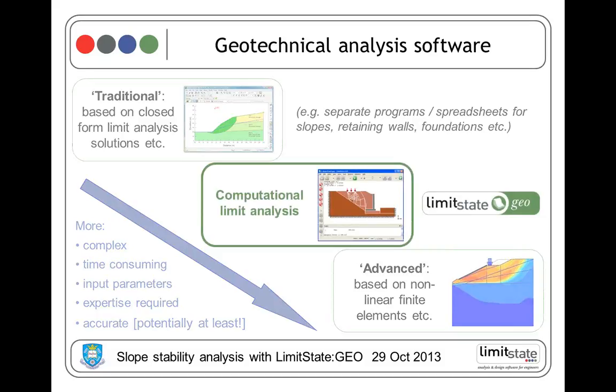It's a computational limit analysis program, and it has the advantage of being able to handle any geometry and a whole mixture. You can include retaining walls, foundations, and soil reinforcement in a very general way in a slope stability analysis, but you keep the simplicity of the traditional approaches in that you only need the soil strength parameters c and phi, and the unit weight gamma in essence.